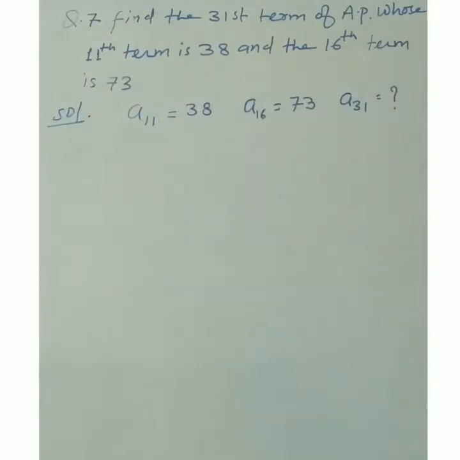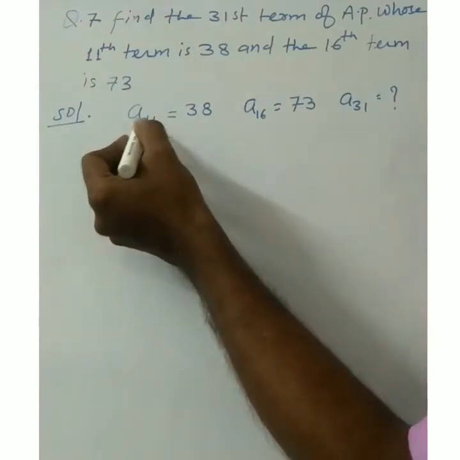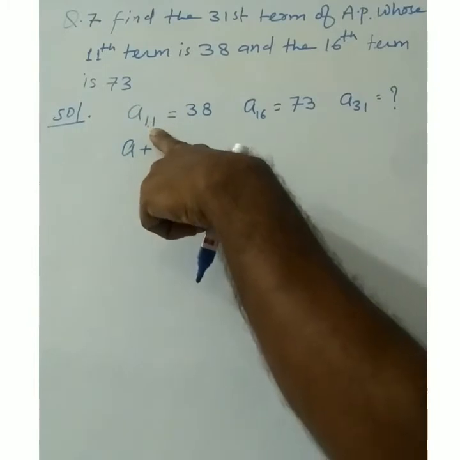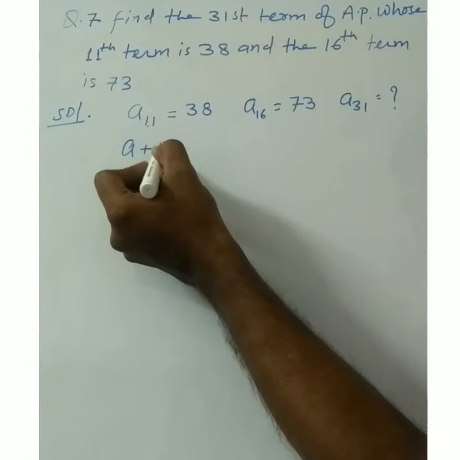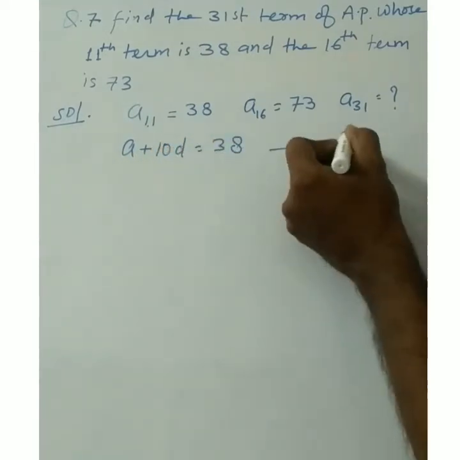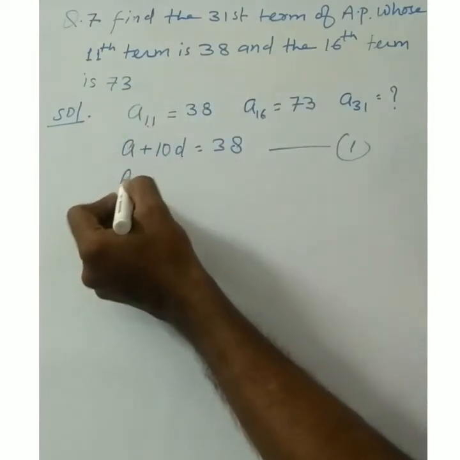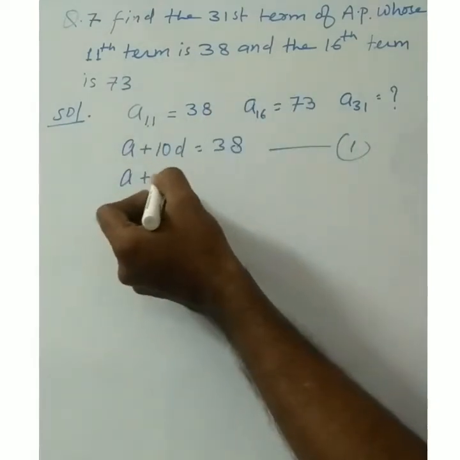Now A11. When we apply the formula of AN, it is A plus N minus 1. N minus 1 means 11 minus 1. 11 minus 1 is 10D, which is 38. Here for A16, we have to write A plus 16 minus 1, that is 15D.